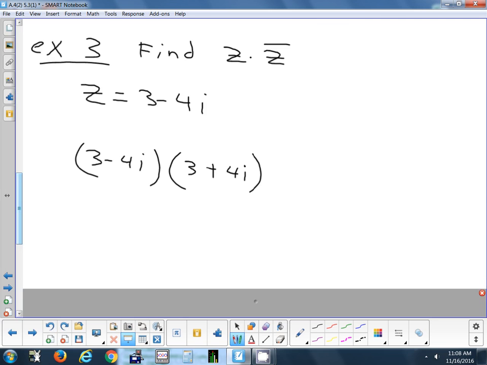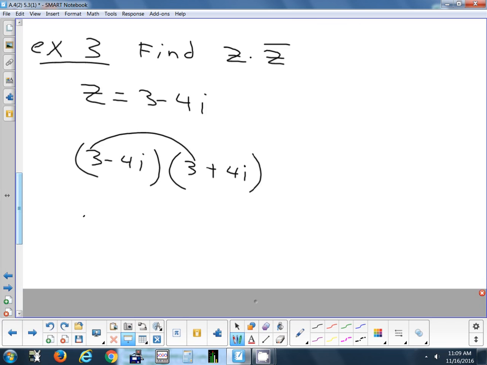So what would that be without foiling it out, just using that pattern? 25 plus 16, which is 41.